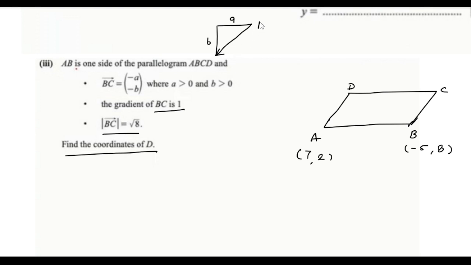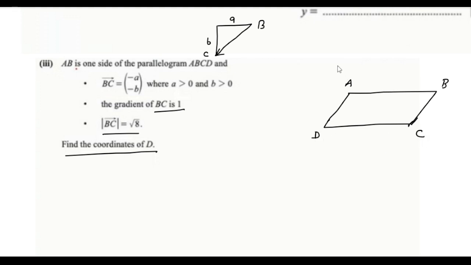So this is my B and this is my C. Okay. So as the B point is over here, I will take A here. So this is my A, this is my B, this is my C and this is my D.